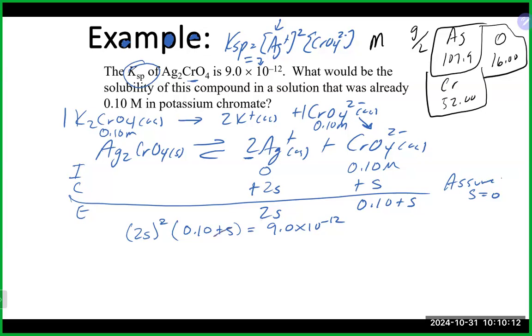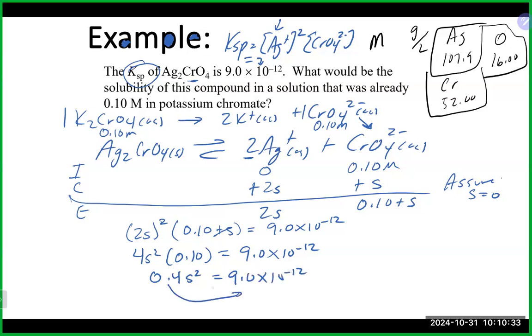We are going to get rid of this one here, and that's going to give us basically 4s squared times 0.1 is equal to 9 times 10 to the minus 12. Obviously here we could take 4 times 0.1, going to give us 0.4 s squared equals 9 times 10 to the minus 12. We're going to divide, and then we're going to square root it.